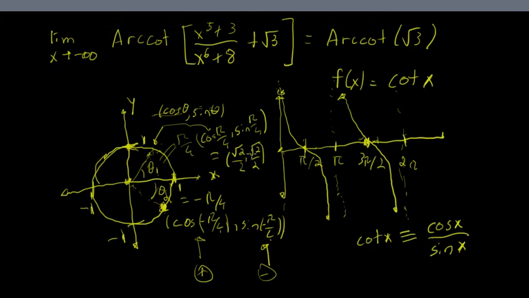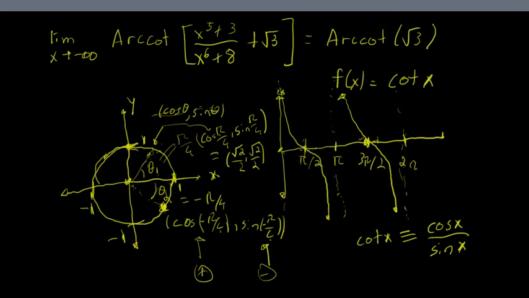So these are the same. When you divide cosine of pi over 4 by sine of pi over 4, you're getting square root of 2 over 2 divided by itself, and that's 1. So at pi over 4, cotangent of x is roughly 1.